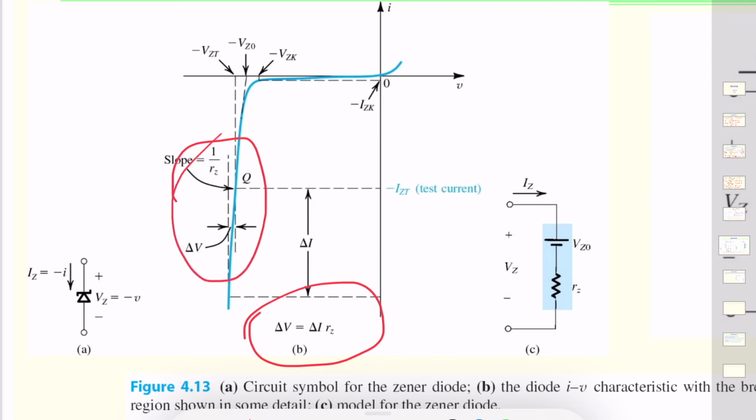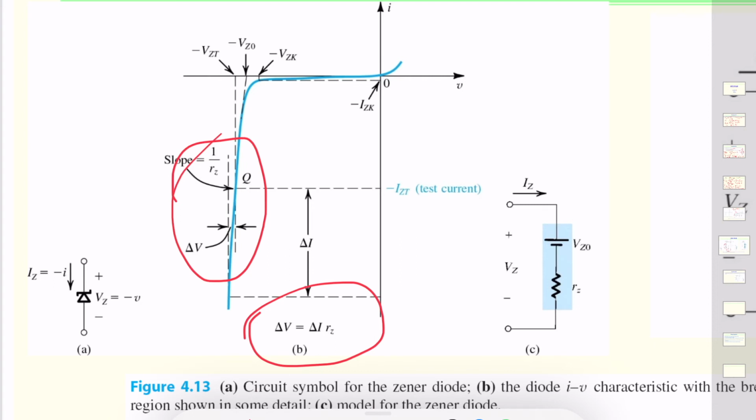We call this resistance RZ the incremental resistance at operating point Q. We also call it the dynamic resistance of the Zener diode, and it is given by the manufacturer on the data sheet. This can range from a few ohms to a few tens of ohms.